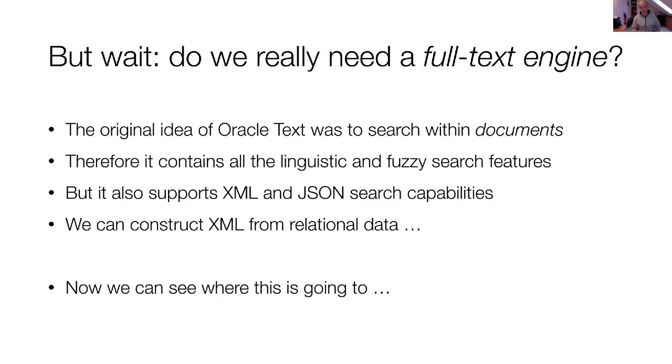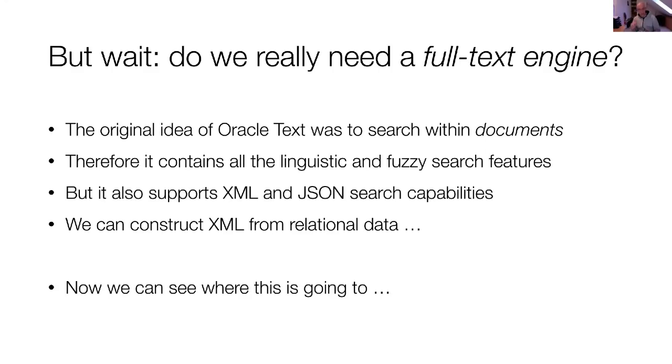But, and here comes the important but, it also supports XML and JSON search capabilities. XML is the most interesting for us. Imagine an XML document with text and all the stuff. Oracle Text allows you to restrict a query to a specific section in the XML document. So Oracle Text provides section searching: give me all documents containing the word Oracle, but only within a specific XML tag.